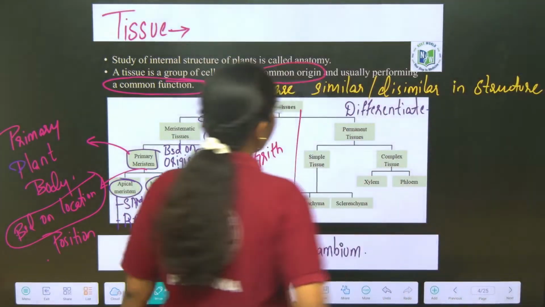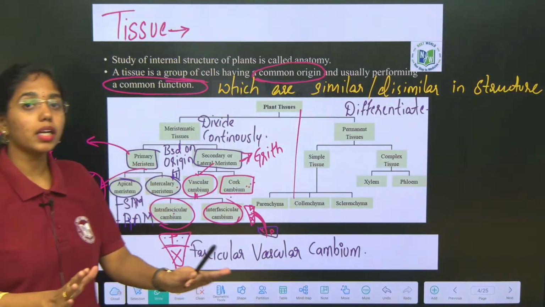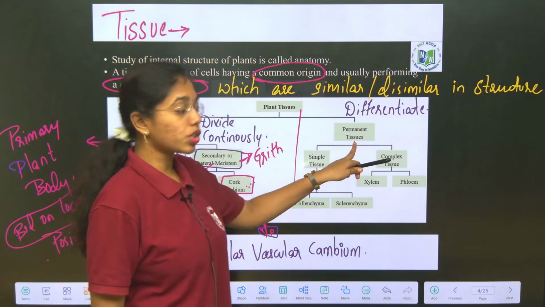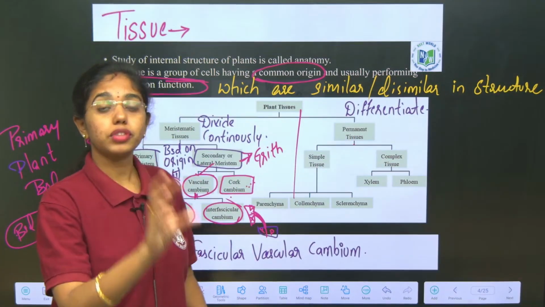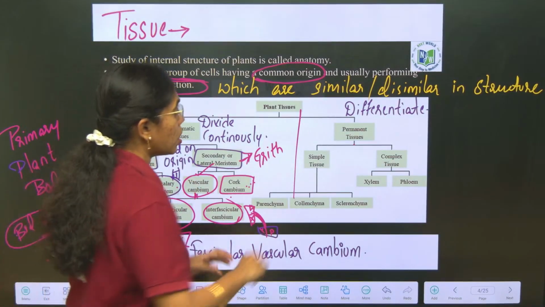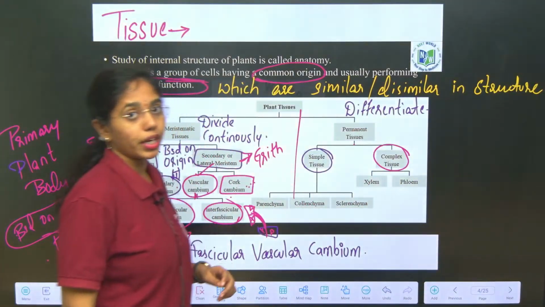Now we will see permanent tissues. Permanent tissues are those tissues which have stopped the activity of division and they got differentiated both structurally and functionally. Based on the types of cells that are present in the tissue, we have two types of permanent tissues. One is simple permanent tissue and the second is complex permanent tissues.